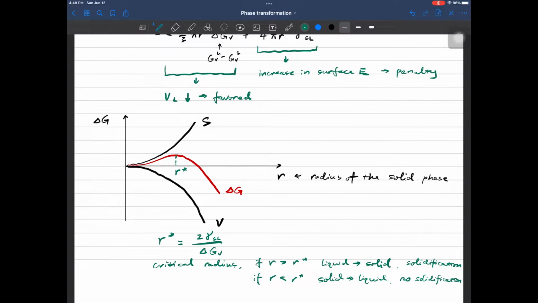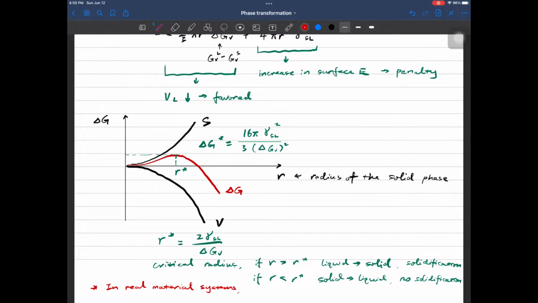We can also calculate the energy value at the critical radius. This is the energy barrier that nucleation has to overcome to achieve a stable nucleus. The value is 16 pi gamma squared over 3 delta GV squared. There's one important note I'd like to make here before we move on to heterogeneous nucleation.